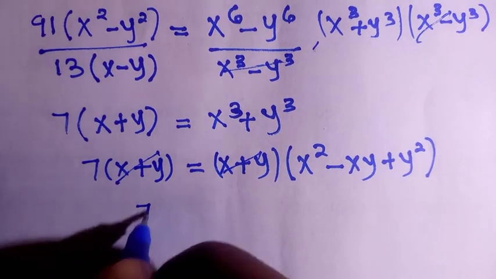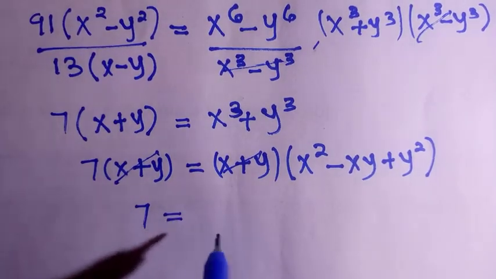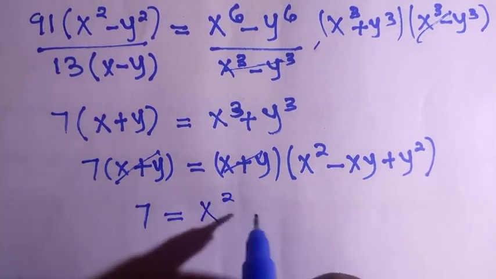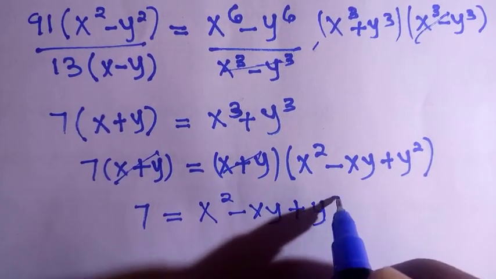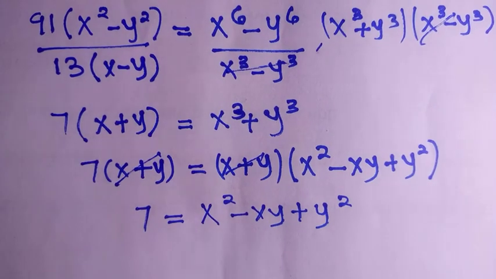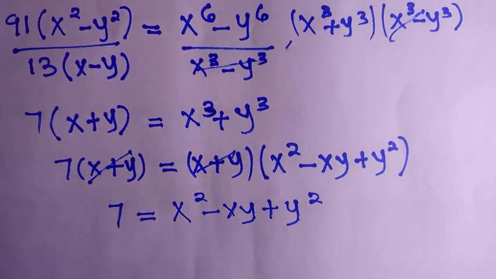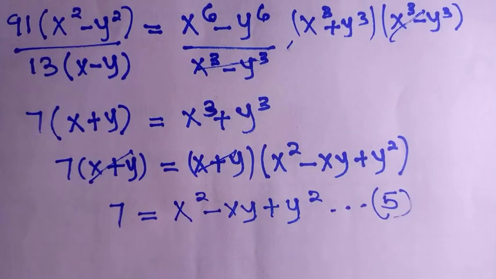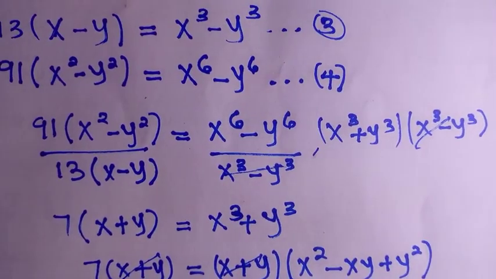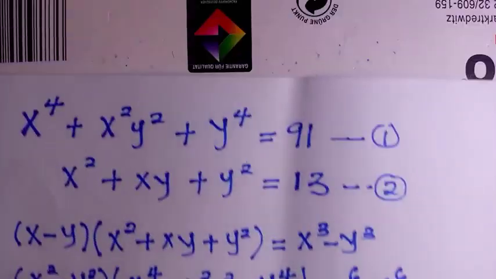Then here we have 7 equals x raised to power of 2 minus xy plus y squared. If I consider this as equation 5, I think this is making sense.